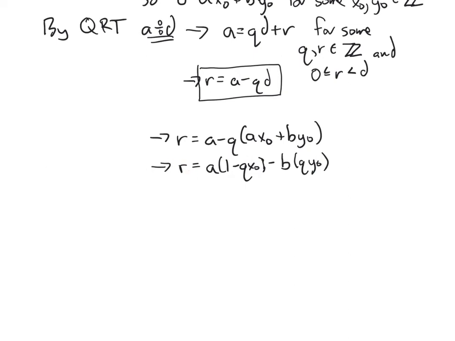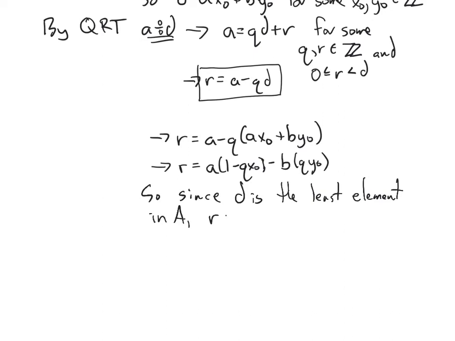So it looks like we've written R as a linear combination of A and B. So this means that R can't be in that set, and the only number not in the set A that R could be is 0. So since D is the least element in A, R must be 0.